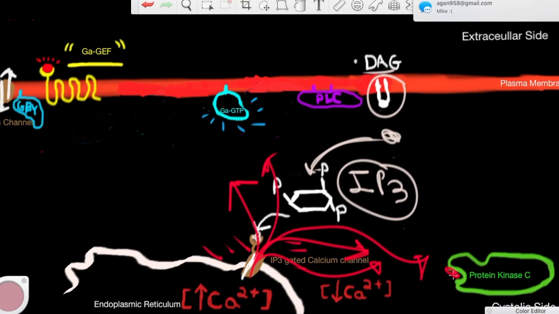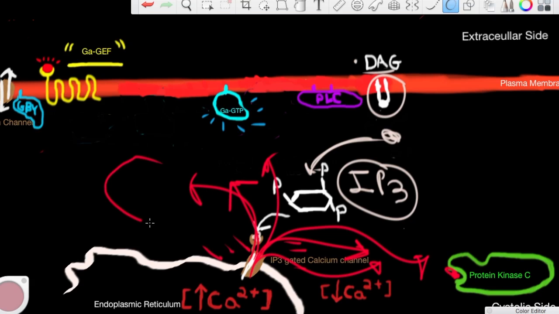In our case, we're going to talk about protein kinase C, but as a side note, I would like to talk about how calcium can bind to calmodulin, which then, once bound, can activate a CAM kinase. This is just another signal pathway I wanted to mention before we move on to the actual pathway we're talking about in this video.